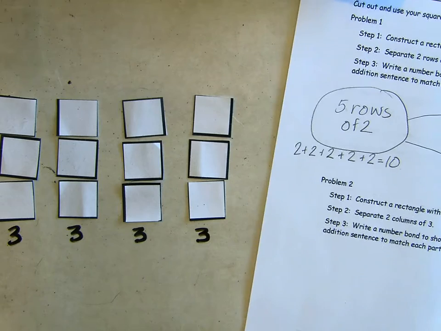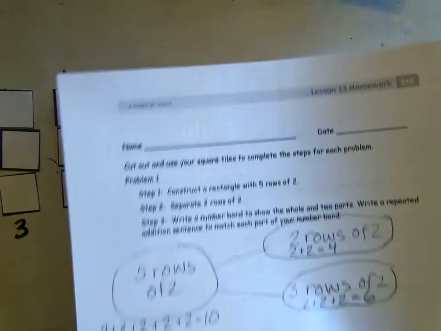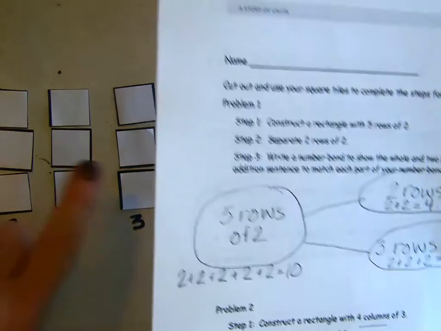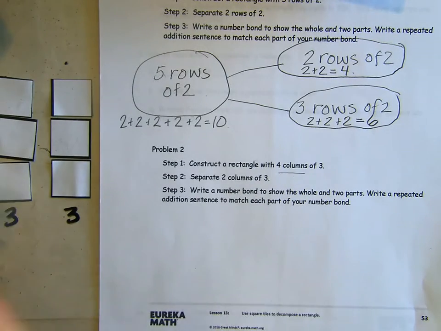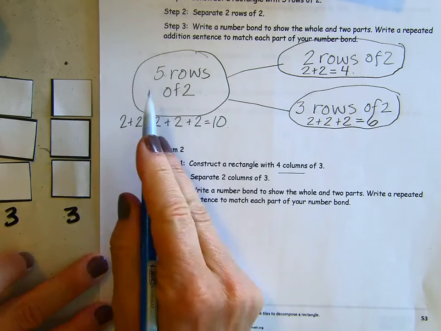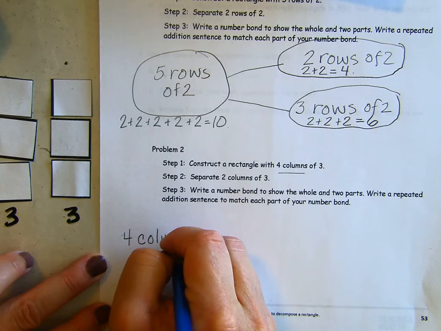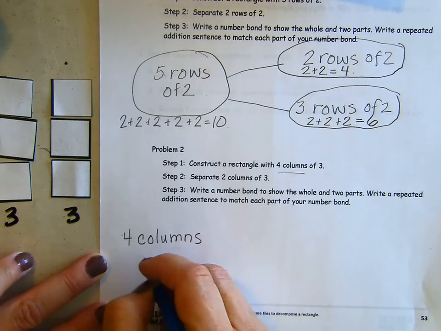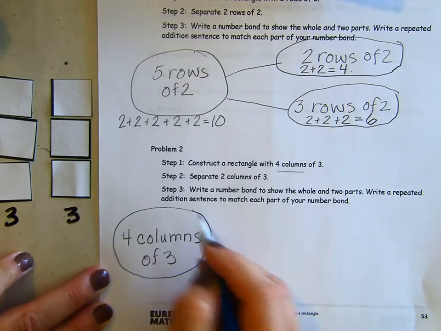When I go to make my number bond, the whole is going to be all of those columns. I'm going to write that over here. I have columns this time, much bigger than rows. I have 4 columns of 3. That's my whole.